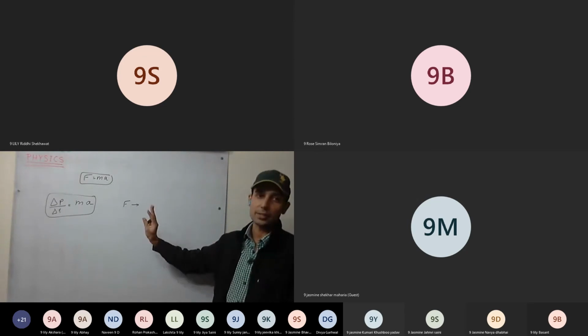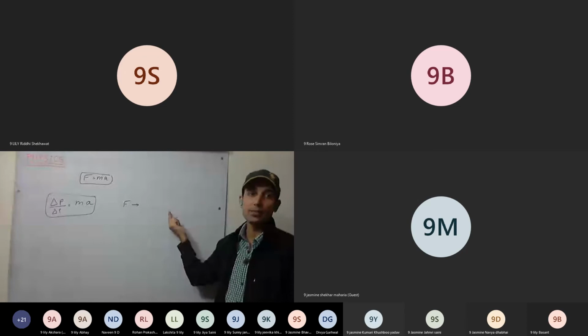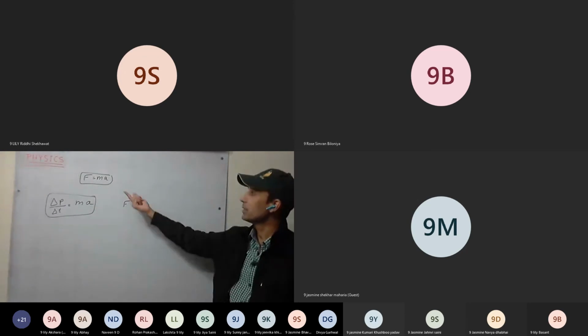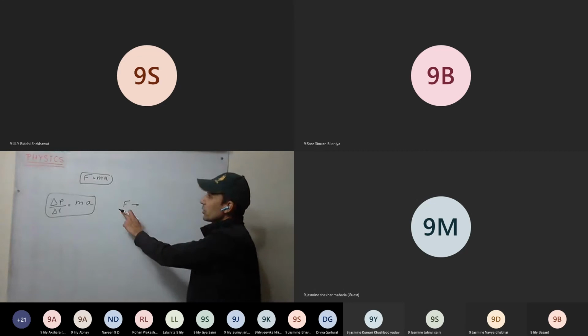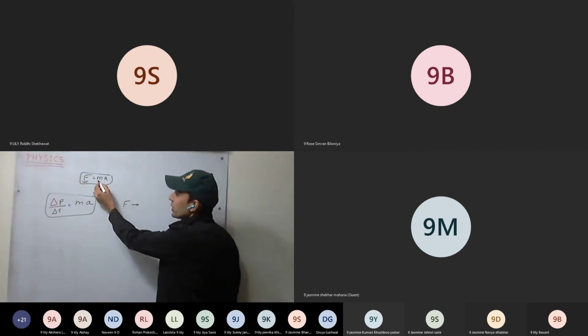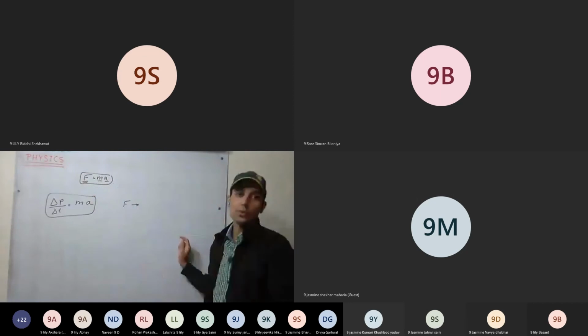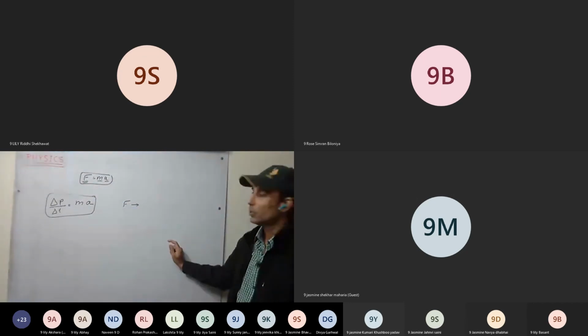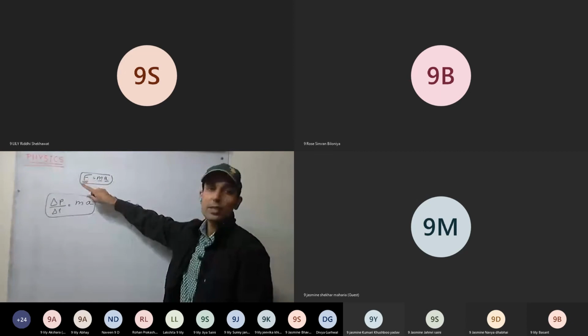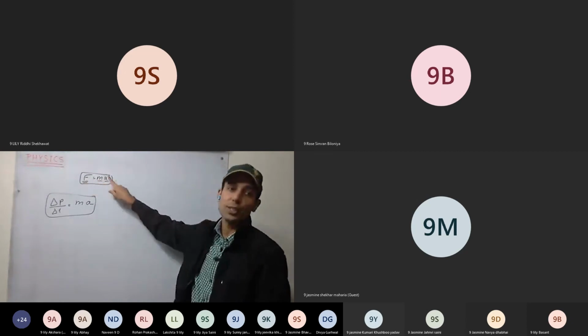So qualitatively we have discussed that force is required to produce acceleration, but how much force is required to produce a particular acceleration is in the second law. In the second law, we will relate the force required with the mass of the body and the acceleration produced in the body. Here we quantitatively find how much force is required.